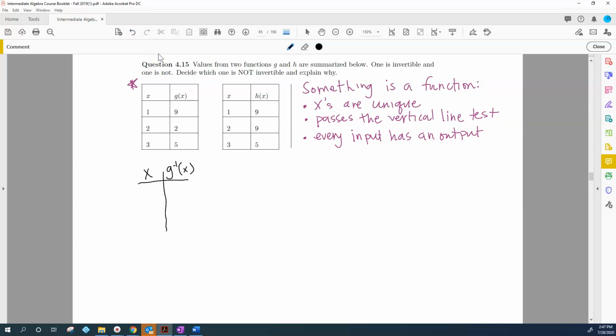Remember, we say the inverse of g of x by saying g to the negative 1 power of x. But that's read, the inverse of g of x. Okay, so go ahead and find those values there. And then I want you to do the same thing on the h of x one: x and then the inverse of h of x.